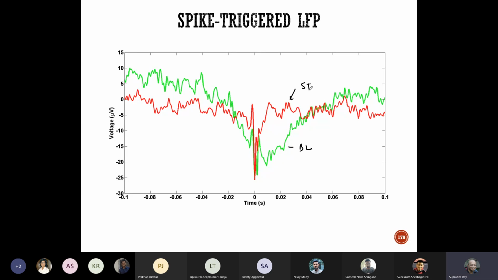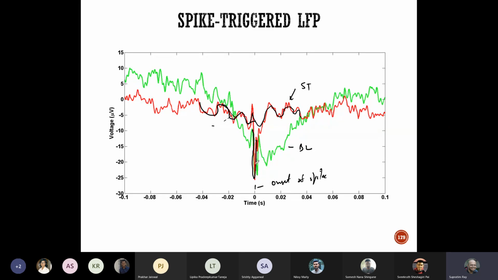And during the stimulus period, you get a trace like this, and you can maybe vaguely see that there's an oscillation like that here, which means that spikes tend to be occurring at a particular phase of the gamma wave. And there's also this sharp dip here at time 0. 0 is the onset of the spike by definition, because you're looking at LFP segments around the spike.